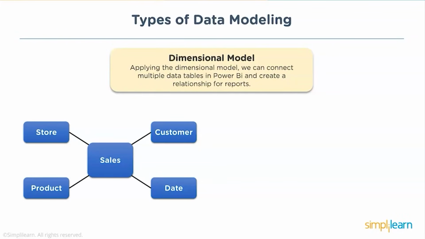Now, what are the different types of data modeling? Dimensional data modeling is one of the most popular and most widely used modeling. In dimensional data modeling, you have master data, like for example customer data, date, store data, product data. So these are less frequently changing data sets.